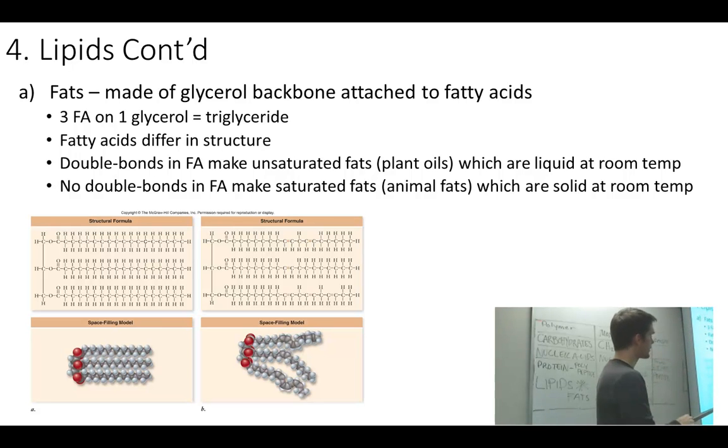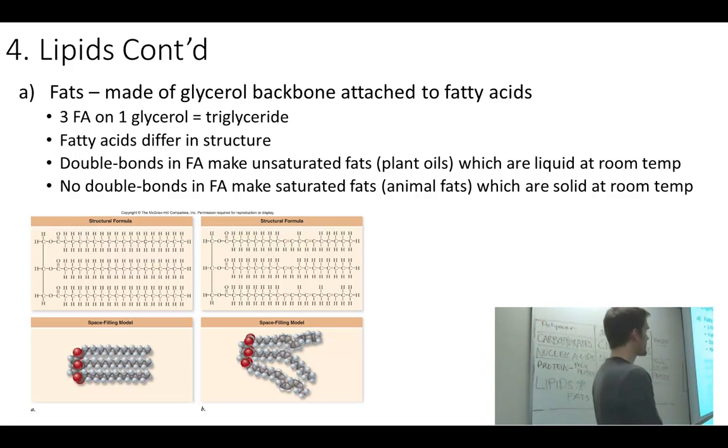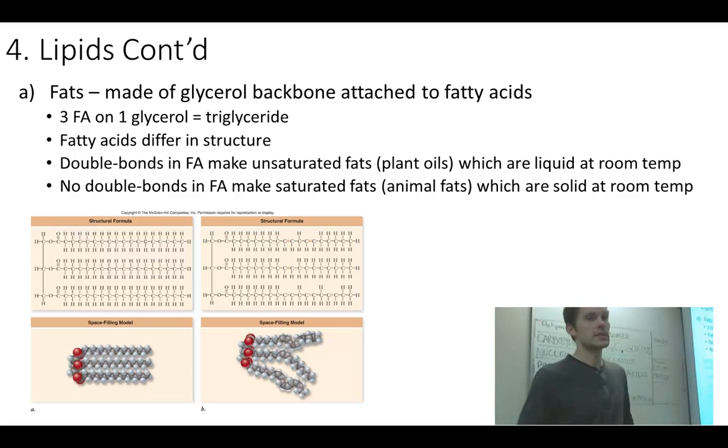That allows those 3 fatty acids connected to the glycerol, and this is the glycerol on the side here, to compact together really well. That means it's going to require more energy to break them apart. So at room temperature, they will be solid. Most animal fats are going to be saturated.